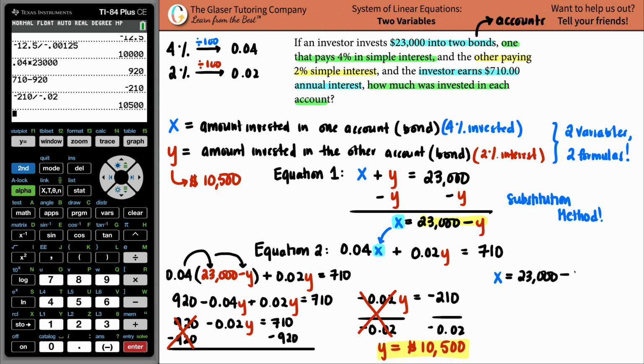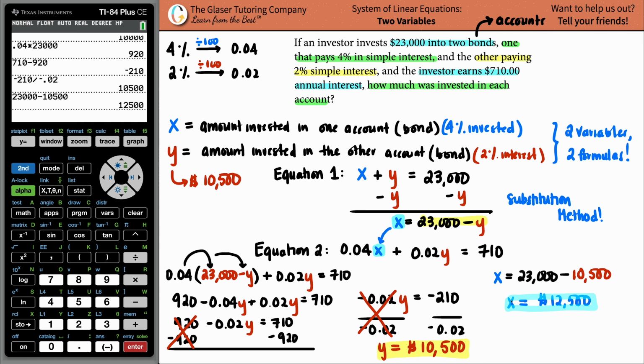So the y value was 10,500. So if we just subtract, we will get the answer. 23,000 minus this. Ooh. There we go. 12,500.